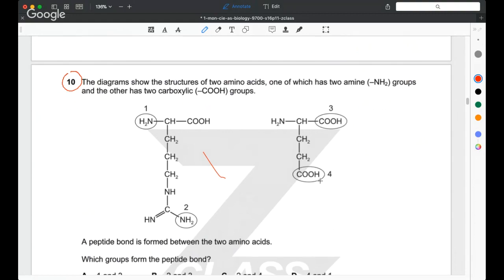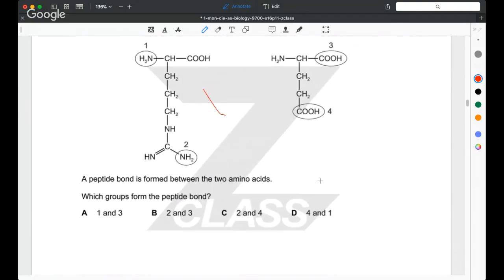Amino acids all have the same basic structure, which is a carbon in the middle, and then a carboxylic acid, and then an amino group.